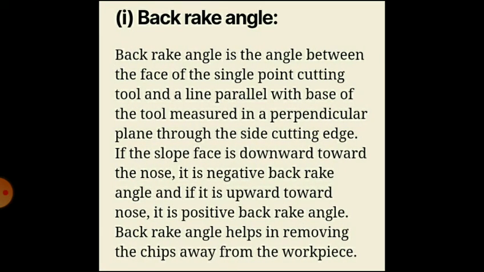If the slope of the face is downward towards the nose, it is a negative back rake angle, and if it is upward towards the nose, it is a positive back rake angle. The back rake angle helps in removing the chips away from the workpiece, and for that it is provided.